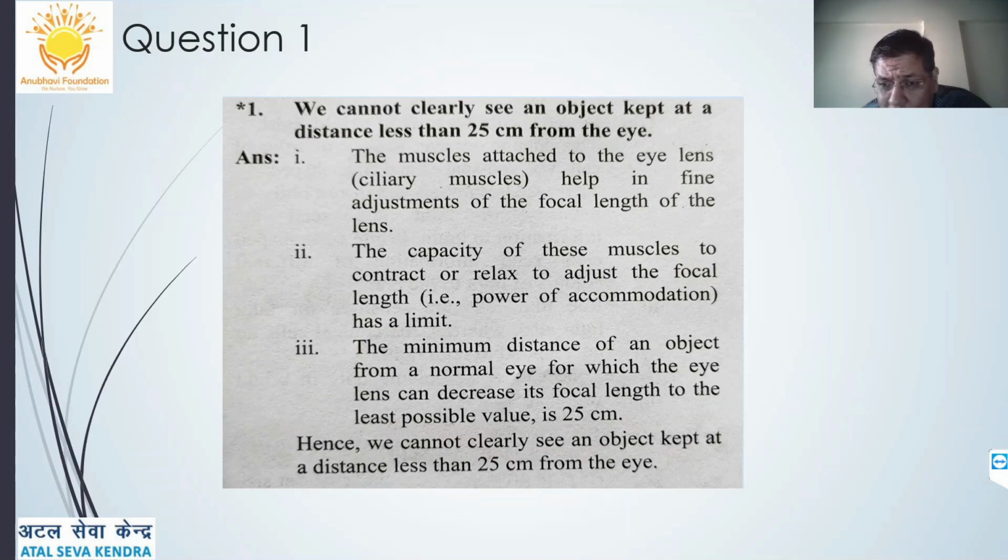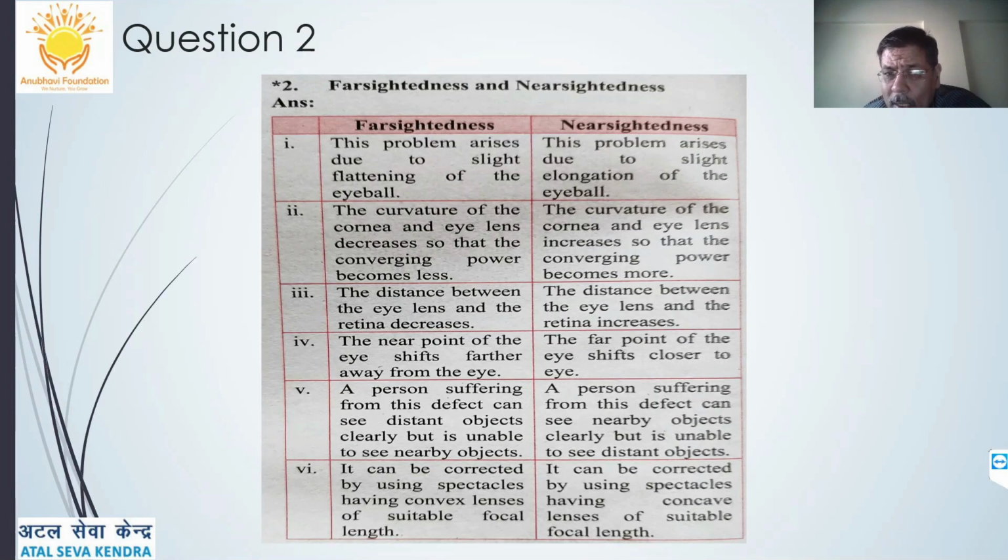The minimum distance of an object from a normal eye for which the eye lens can decrease its focal length to the least possible value is 25 centimeters. Therefore, we cannot see any object clearly if it is kept at a distance of less than 25 centimeters from the eye.